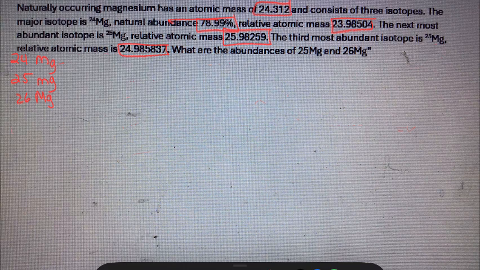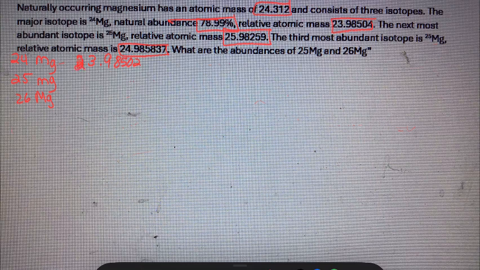I know the atomic masses for all of them. For magnesium 24, it is going to be 23.98502. Magnesium 25, that should be a 2.